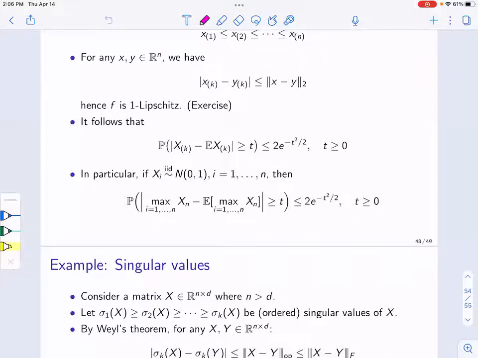So it tells you that the maximum of n Gaussian random variables is close to the expectation, and you know that the expectation grows like, it's bounded by something like root 2 log n, and so the concentration doesn't depend on anything.